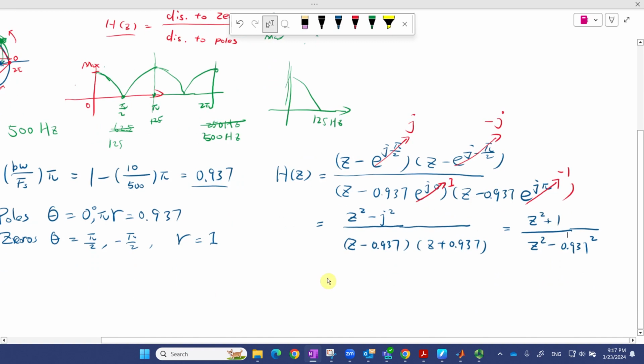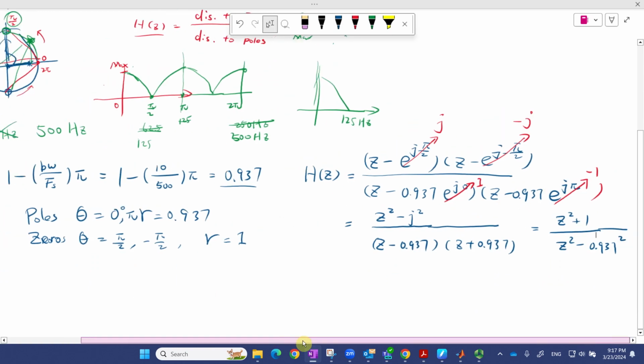We can further clean the terms by dividing by z squared up and down, so this becomes 1 plus z to the -2 over 1 minus 0.937 squared multiplied with z to the -2.